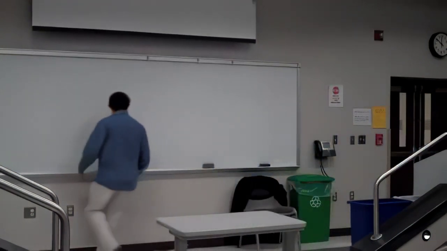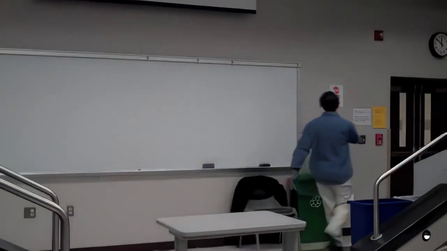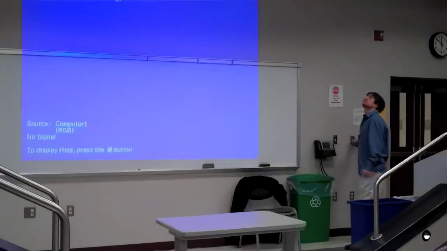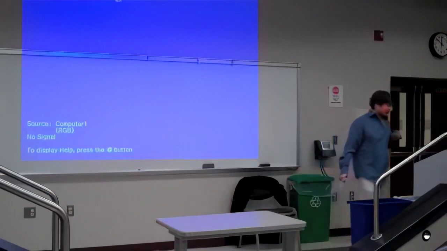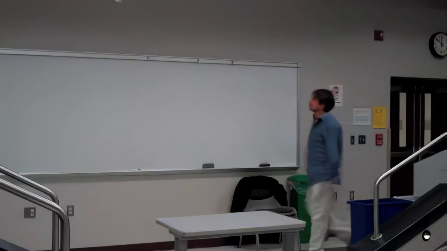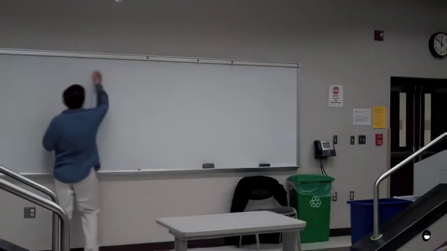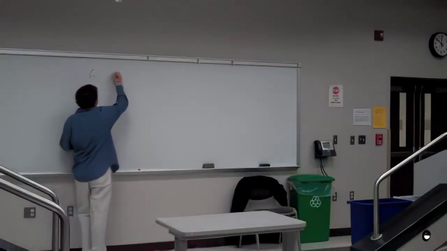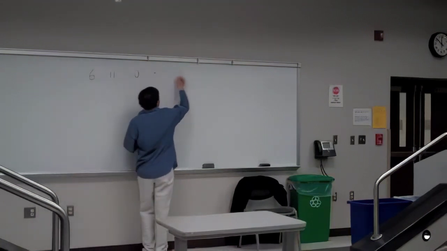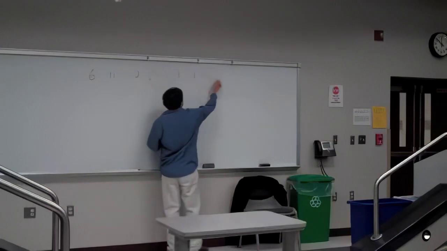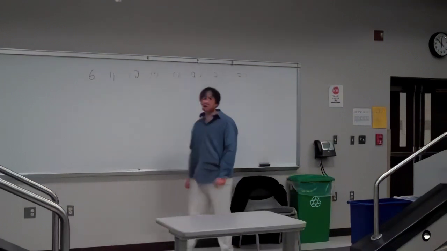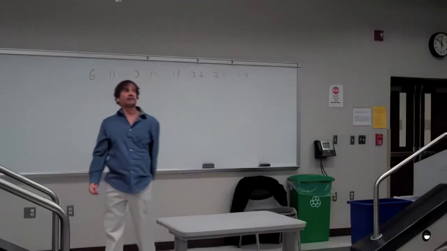So let's say we had these numbers: 6, 11, 12, 15, 18, 22, 24, and 33. So these are my numbers. And I need to do a stem and leaf plot for these.